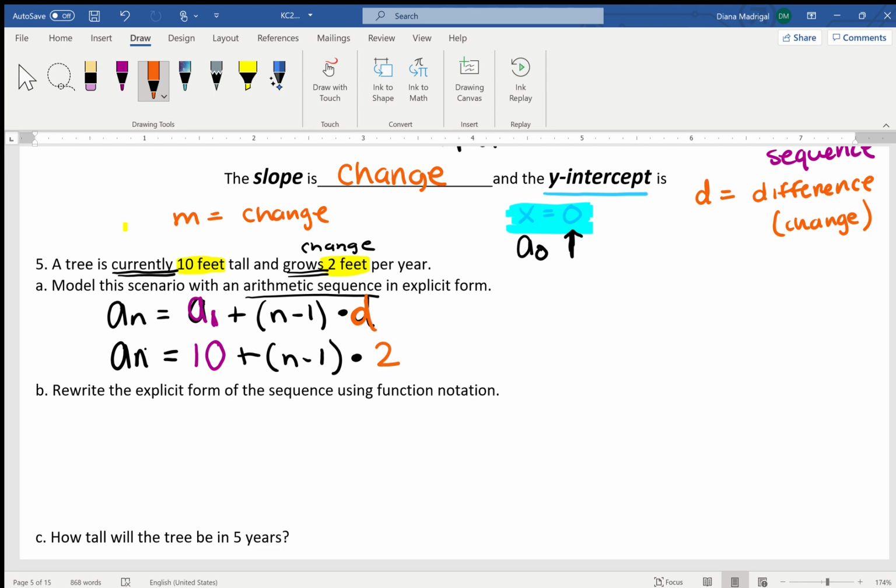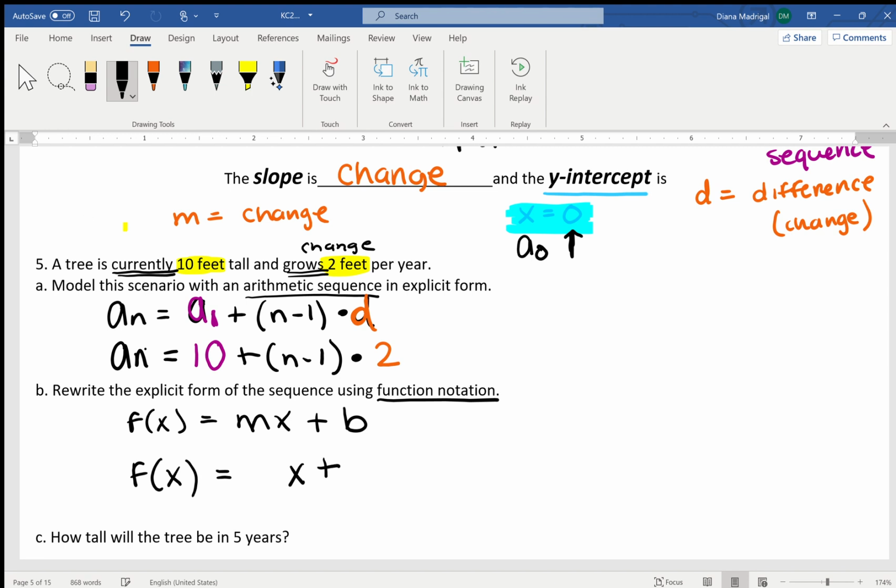Next question. Rewrite the explicit form of the sequence using function notation. All right, now we have to write the function notation, f(x) equals mx plus b. Once again, f(x) stays the same. x is your input, stays there. It's a plus.